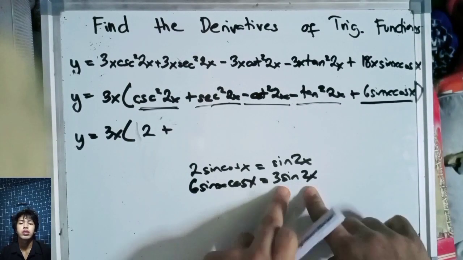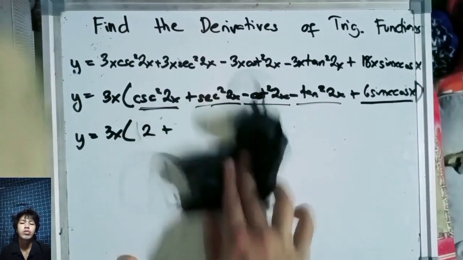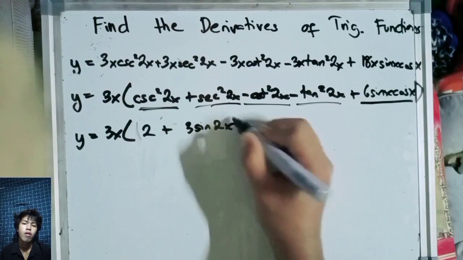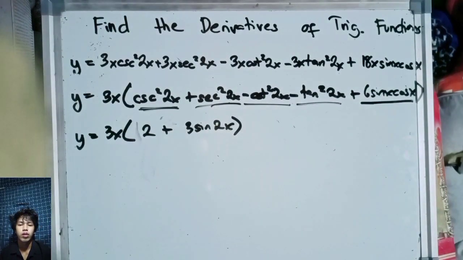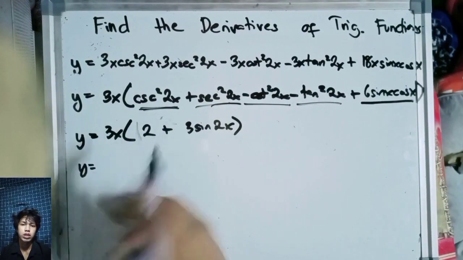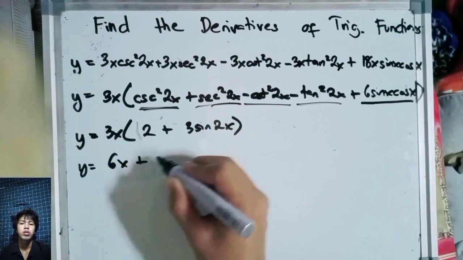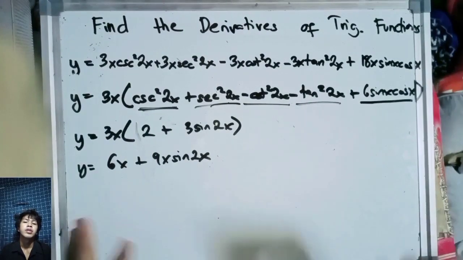So we substitute 3 sine 2x. Now we can distribute 3x over these two terms. So y equals 6x, since 3x times 2 is 6x, plus 3x times 3 sine 2x, which is 9x sine of 2x.